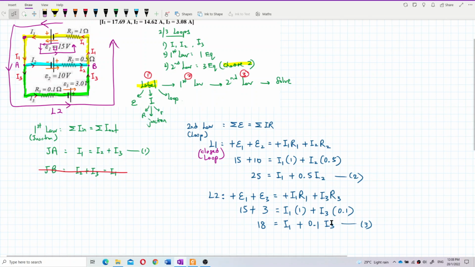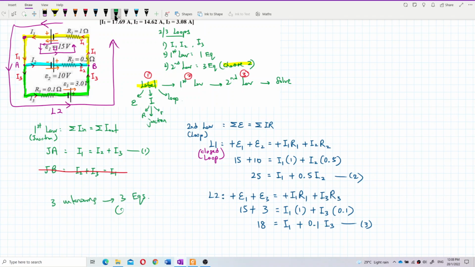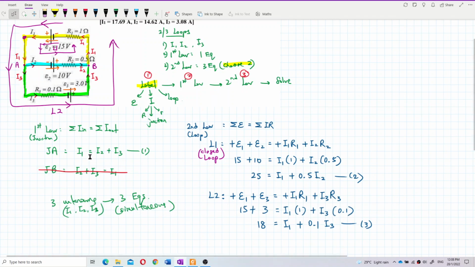If you have three unknowns, then you need three equations to do simultaneous equations, isn't it? If you have three unknowns like I1, I2, I3, you need three equations to do simultaneous.